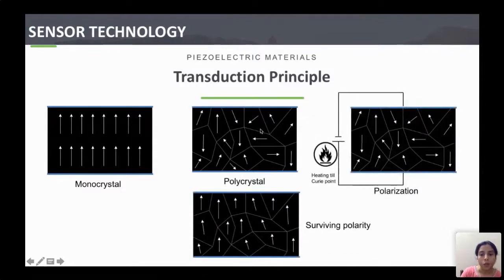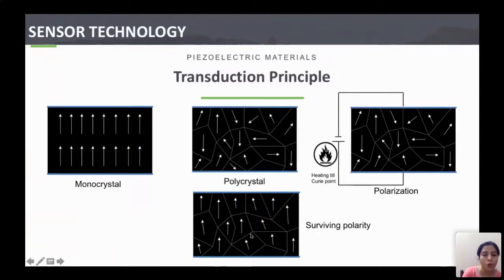But to convert them into piezoelectric materials, you have to apply an electric charge and you have to heat them till the Curie temperature. What will happen? All the domains will start directing towards the electric field direction. So even if you remove the heating, they will remain in the same direction of the electric charge.